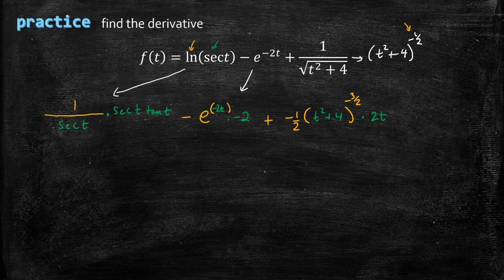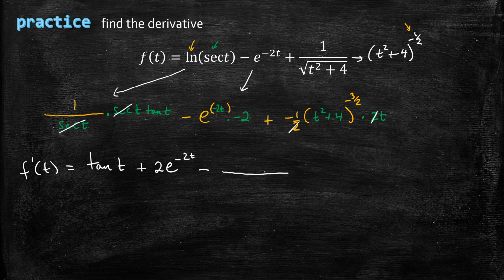So now we can tidy this up. We will notice, conveniently, that it looks like the secant t's are going to cancel. So we'll get tan t. So f prime t equals tan t. And then if we tidy this up a little bit, we'll get 2e to the -2t. Here it looks like the 2's cancel also. We have a minus.